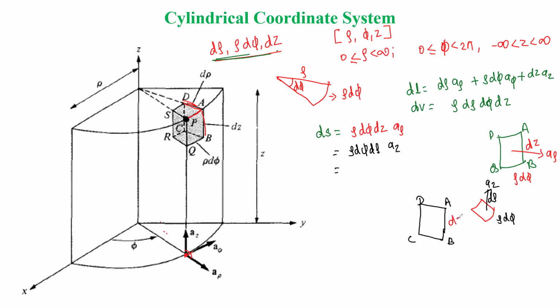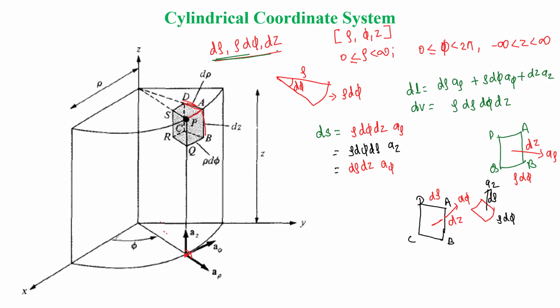AB is what? Dz. AD is what? D rho. So now in this, the area vector, finally it will be along the a phi. So that a phi will be perpendicular to this. So that is the a phi. So we'll write d rho dz a phi. So this a phi is here inside the paper.